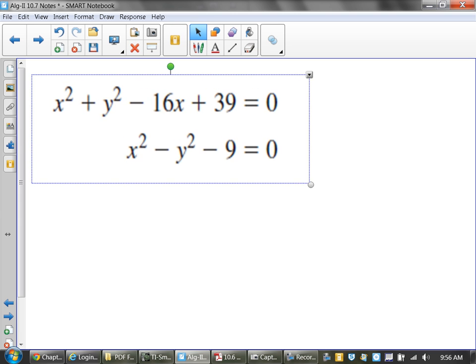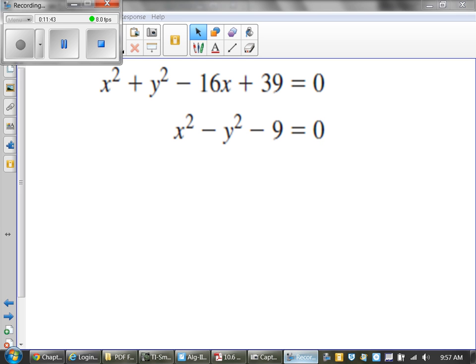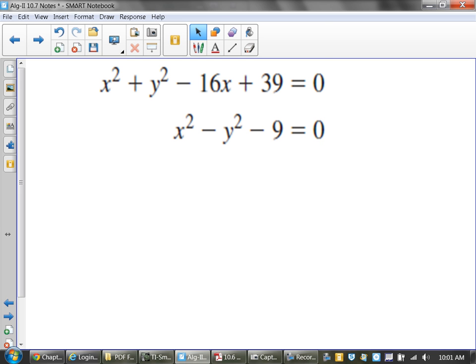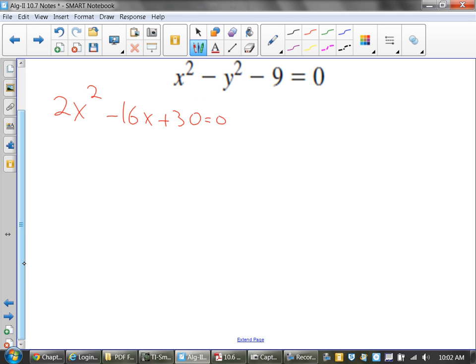I'll give you one more, then I'll let you do some problems. I'll let you guys do this one. Real quick, just make sure. Again, in this case, I'm assuming you guys eliminate, you just added the two of them together right away. Got rid of the y squareds. So you have 2x squared minus 16x plus 30 is 0.